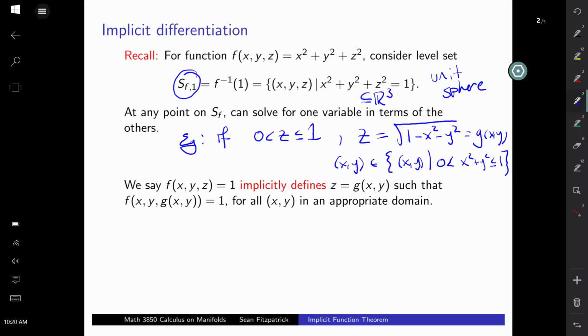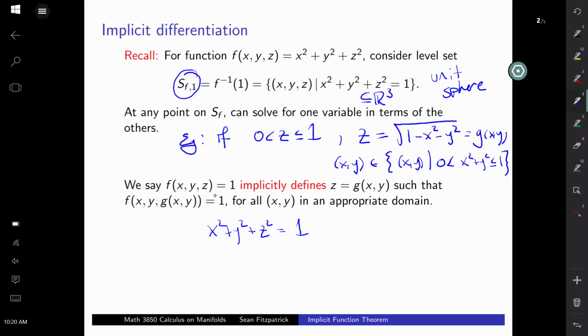And so now you've got this function g. You might want to calculate, say, the partial derivatives, dg dx, dg dy, and you probably remember how this sort of thing goes. You start with the equation x squared plus y squared plus z squared equals 1, and you take the partial derivative of both sides.